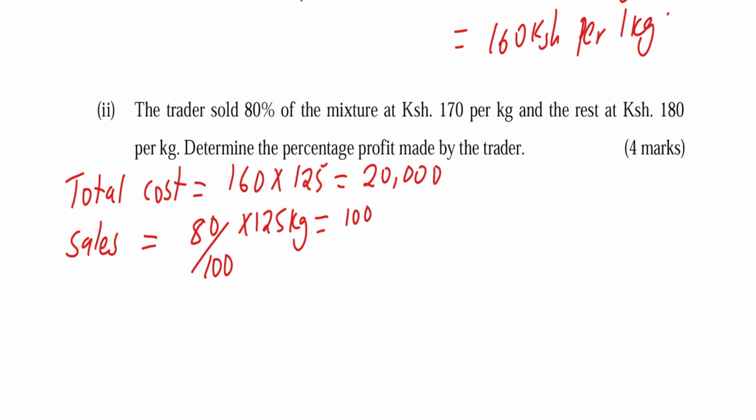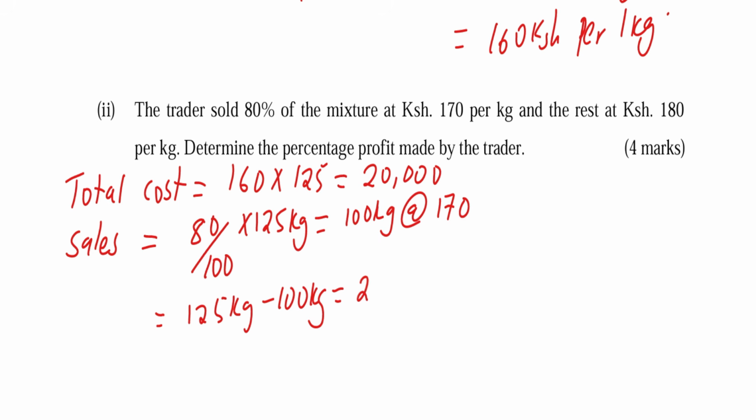So 100 kg he sold at 170 shillings. What remains, which is 125 kg minus 100, is 25 kg. He sold it at how much? He sold it at 180 shillings.